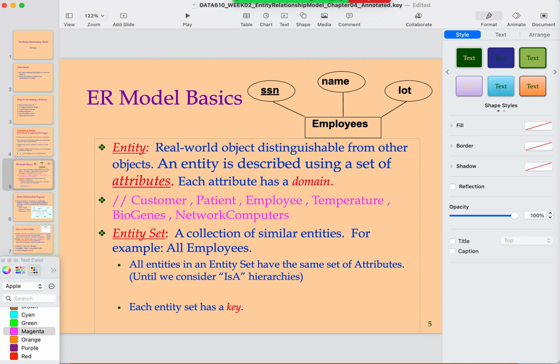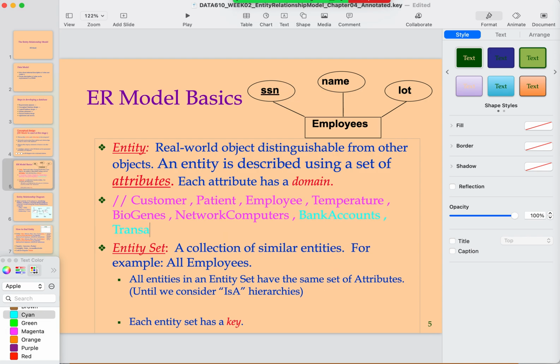Do you guys have any other suggestion what an entity can be? Can anyone? Yes, bank accounts. Bank accounts, very good. Transactions. Transactions, very good. So they could be transactions when we go to a grocery store and we want to purchase something like bread or milk or fruits, then we create a database of transactions.